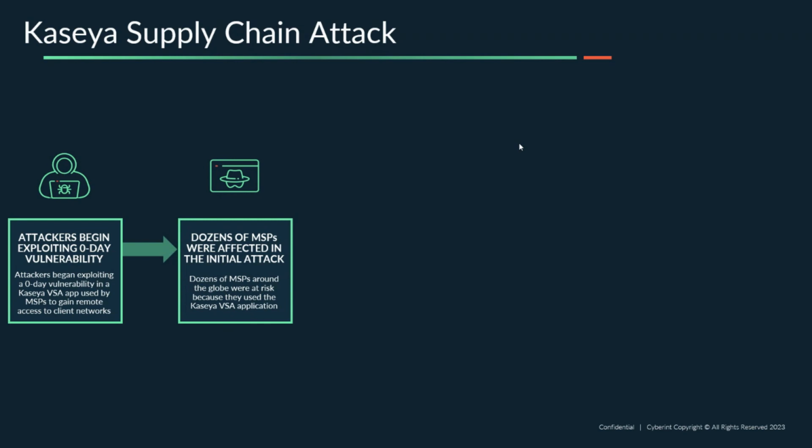They were able to compromise the MSPs and then launch an attack and impact hundreds of organizations through those MSPs. So again, you can see this branching effect where one 0-day vulnerability with one technology infects several MSPs, and that turns out to affect hundreds of other customers.